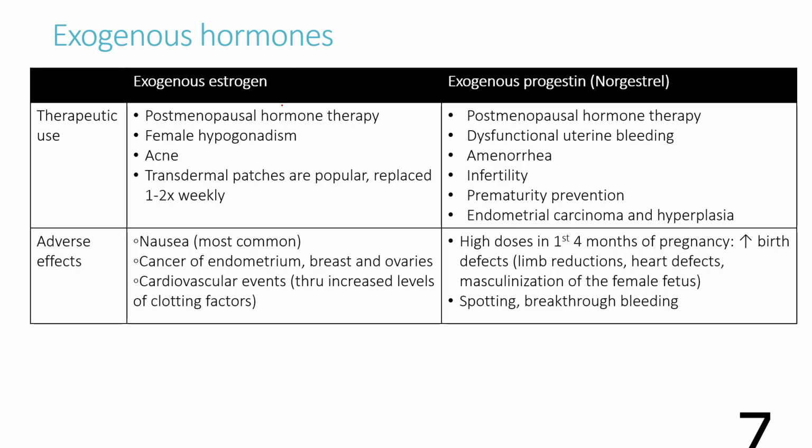So if these female sex hormones are given as exogenous hormones, this is what you get. Exogenous estrogens are given as part of postmenopausal hormone therapy to treat female hypogonadism when there's not enough estrogen and progesterone being secreted by that woman's ovaries. It's also used to treat acne.